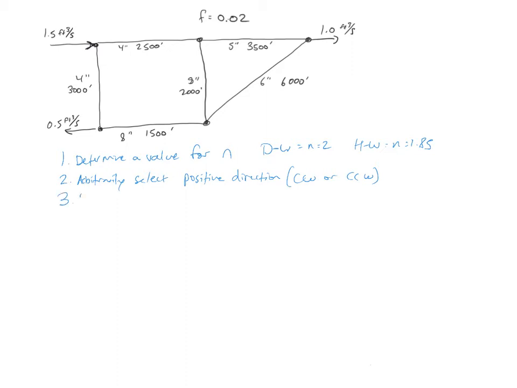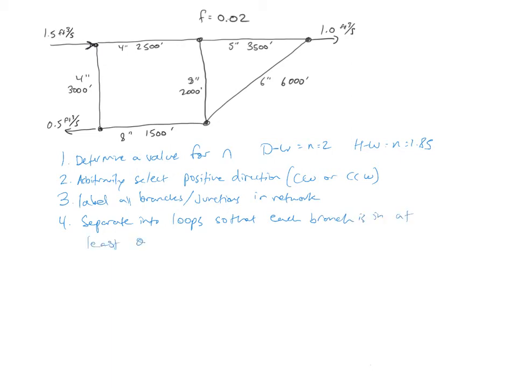Step 3, label all branches and junctions in the network. So give them names, numbers. Step 4, we want to separate into loops so that each branch is in at least one loop.